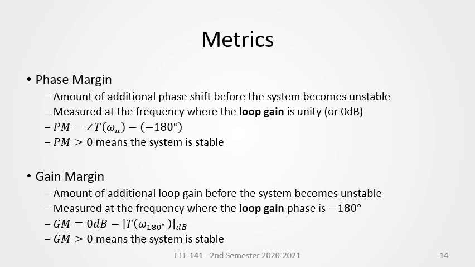A GM that is greater than 0 dB means that the system is stable. Similar to the comment on phase margin, this statement is generally true only when the gain and phase responses cross 0 dB and negative 180 degrees respectively only once. Otherwise, more careful inspection is needed.